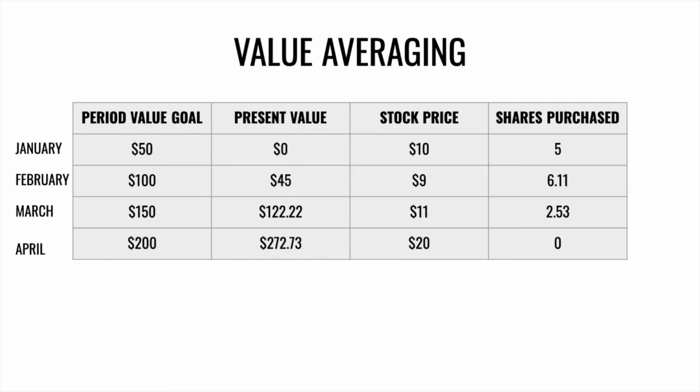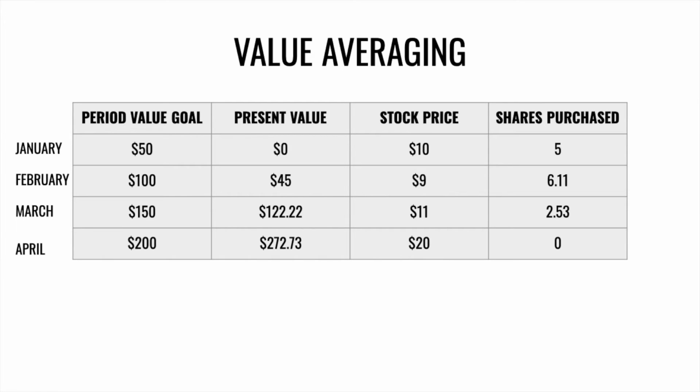Now by March, I'd invested $150 into XYZ. So my goal for April then is to invest $50 more. So I need to have a total of at least $200 of value in XYZ. Well, the value of my investment is already way above $200.